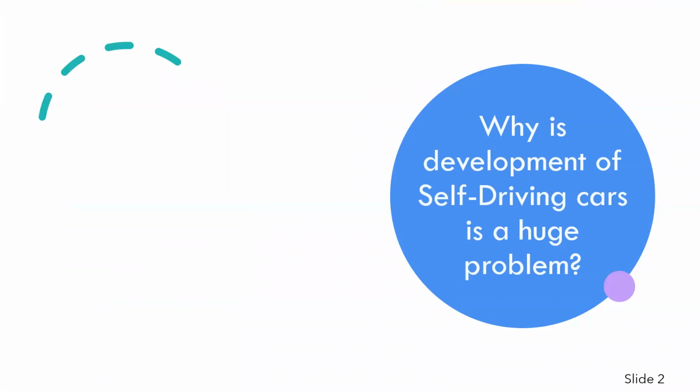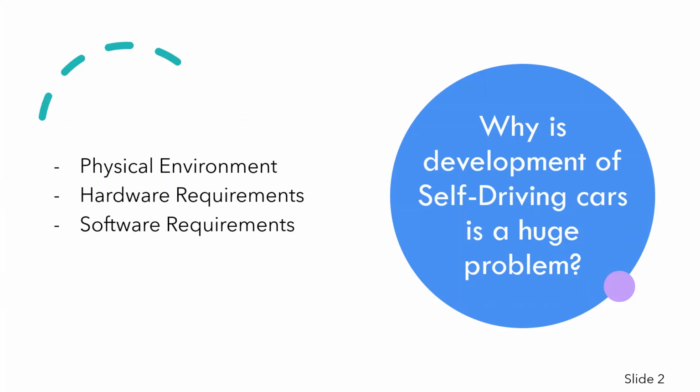Let us first understand why the development of self-driving cars is a huge problem. Self-driving cars, or autonomous vehicles in general, which we will refer to as AVs from now on, have to interact with and/or react to the physical environment, which means it needs certain hardware to gather information about the environment and another set of hardware to manipulate itself to achieve its goal.